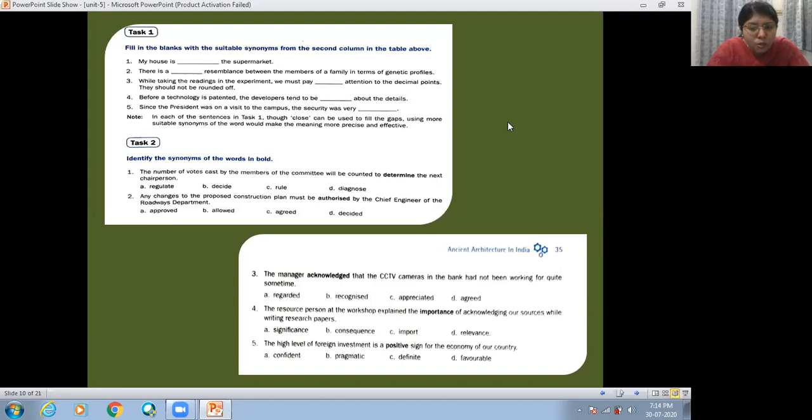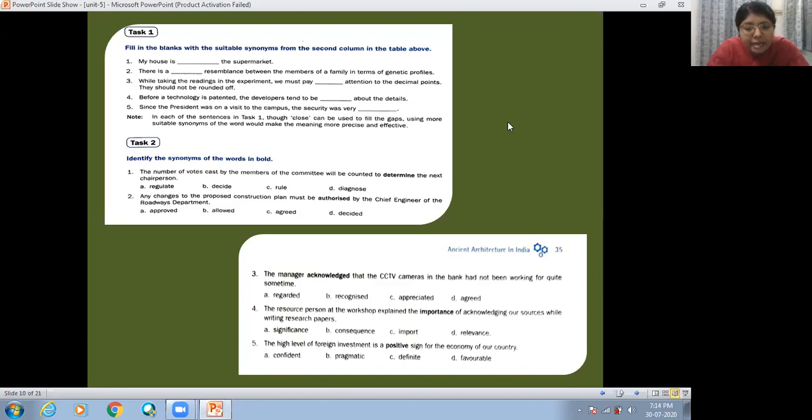Next, the resource person at the workshop explained the importance of acknowledging our sources while writing research papers. So here, importance of acknowledging. What is the most suitable word? It is significance. Significance of acknowledging our sources while writing research papers.